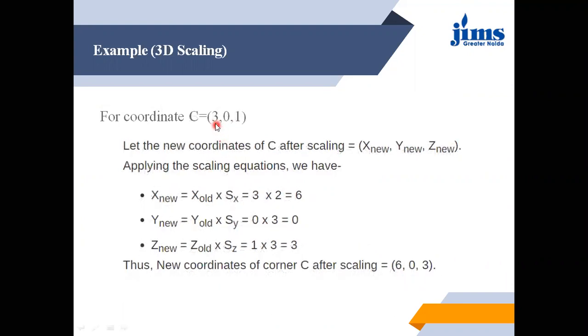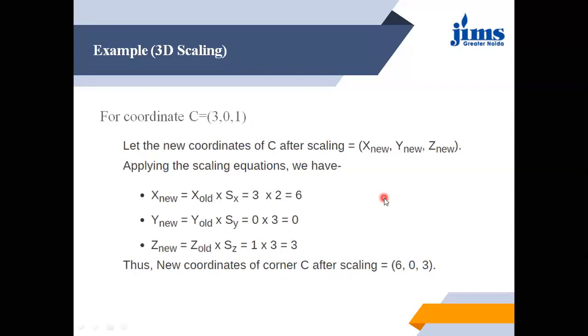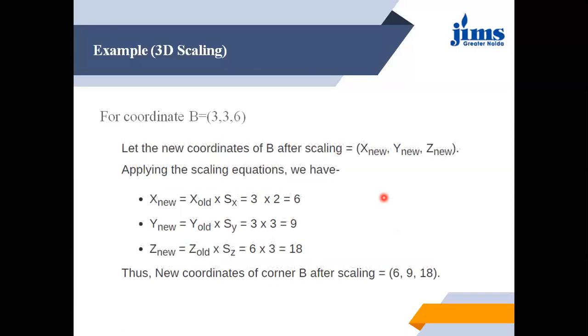Point C from 3, 0, 1 to 6, 0, 3. And the coordinates of D are the same when we apply a scaling factor of 2, 3 and 3 on the x, y and z axes.